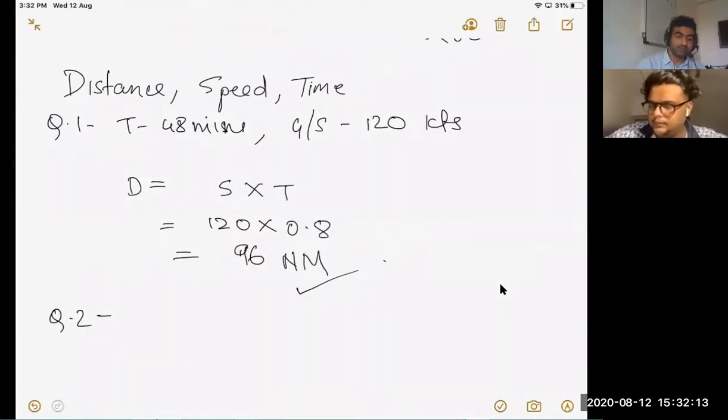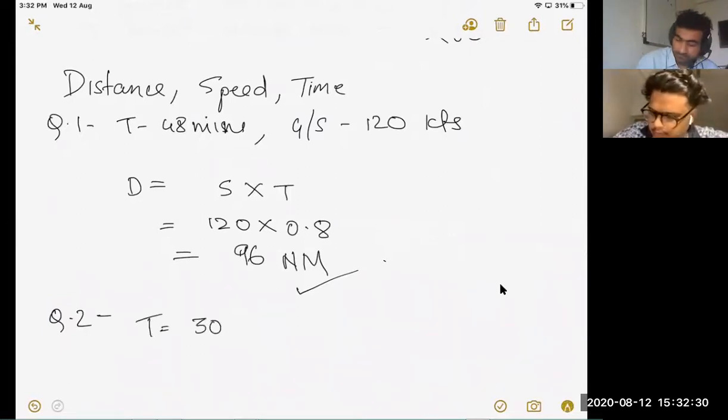In 30 minutes, you have covered 90 nautical miles over ground. What is your ground speed?